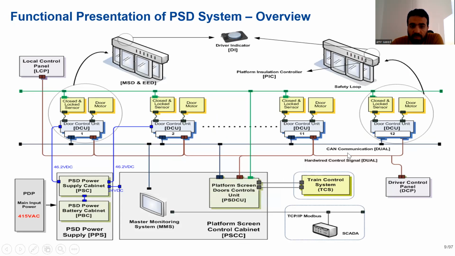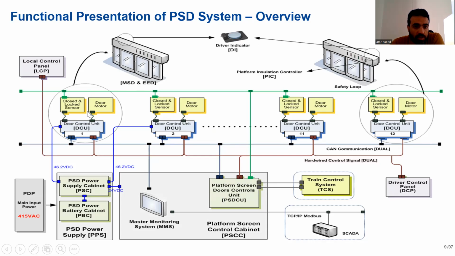Here is a functional presentation of PSD. As you see in this diagram, you can see MSD, EED, motorized sliding doors, emergency exit doors. This is the driver indicator. With every PSD, MSD, and EED, you will find a DCU, door control unit, up to 12 door control units.